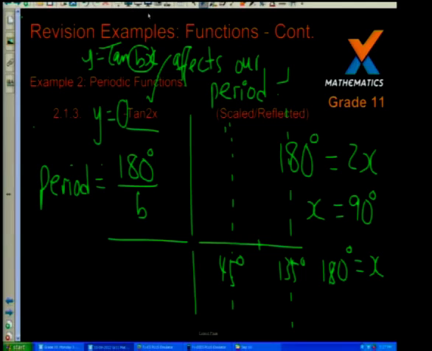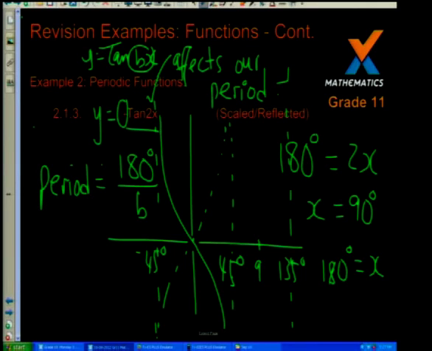Right, let's see. So this would have been the parent graph, but once you reflect it, every y value changes sign, and this becomes a graph that goes in that direction. All right, and in this case, that was 90 degrees, so that goes up to minus 45 degrees. Every 90 degrees, you've got that. So from here to there is 90 degrees.